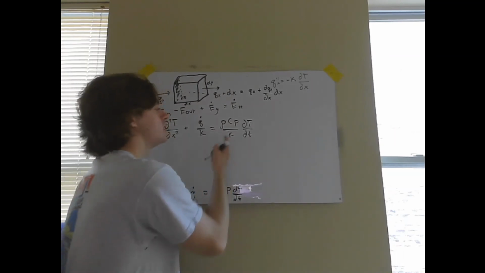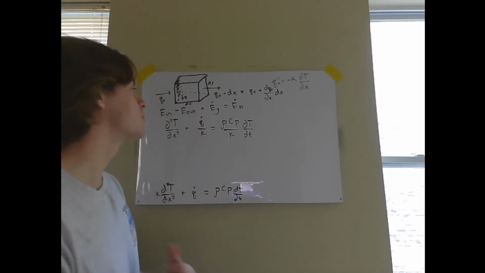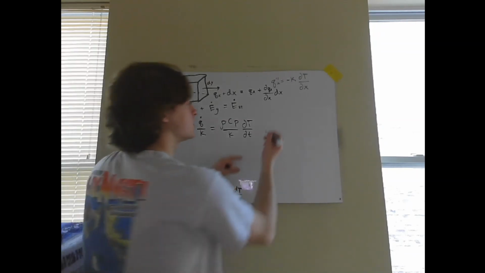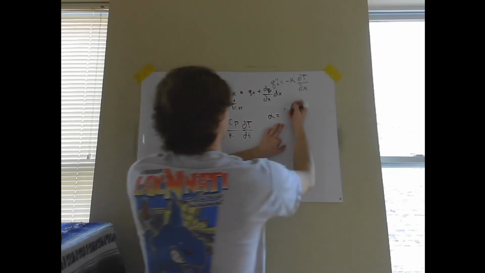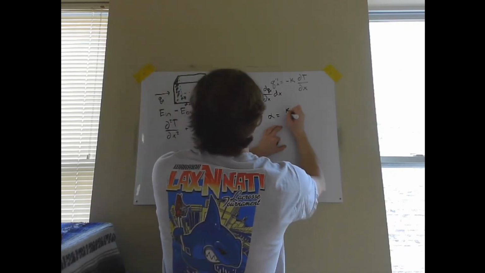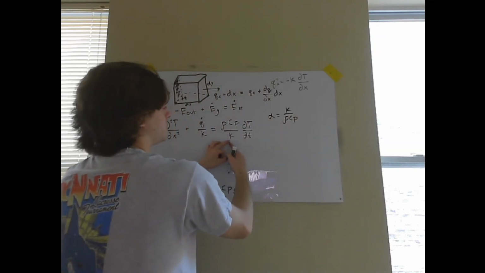And so this term is constant, and we can actually rewrite it in terms of the thermal diffusivity constant, which is alpha. And so alpha is just equal to k over rho Cp. And so this term just becomes 1 over alpha.